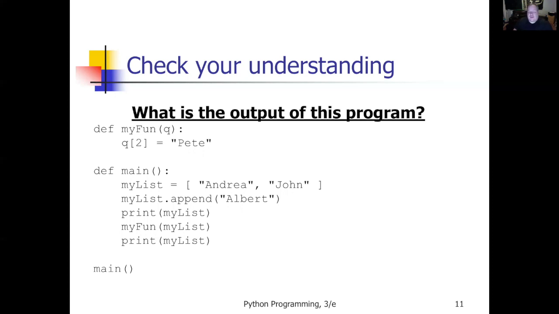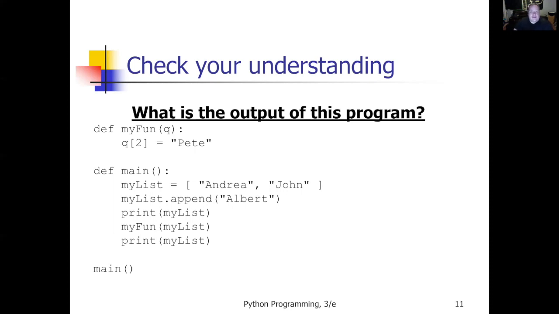The first time it prints it, it has 3 values, Andrea, John, and Albert, because the append method modifies the list by adding that third value, that third name. When I call myFun and pass it the list, I manipulate that list. I change the index, what was Albert, to Pete, but I don't return it. Is it changed?